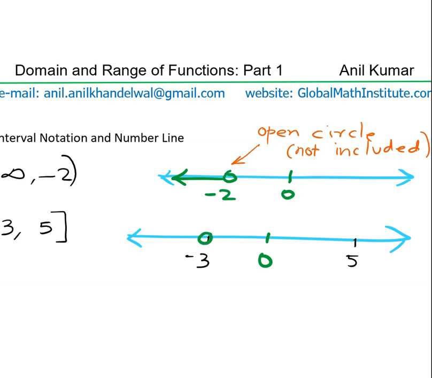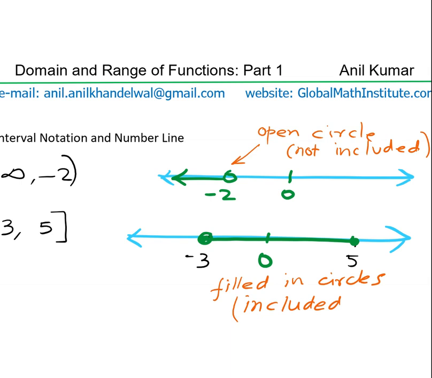So we'll make circles here and we'll fill them in. When you fill them, they get included in your domain. Correct? So now these are filled in circles. That means included. Does that make sense to you? Perfect. So that is very important, and filled in also means these square brackets, right? And open circles mean open brackets, like that, parenthesis. Does that make sense to you, right?